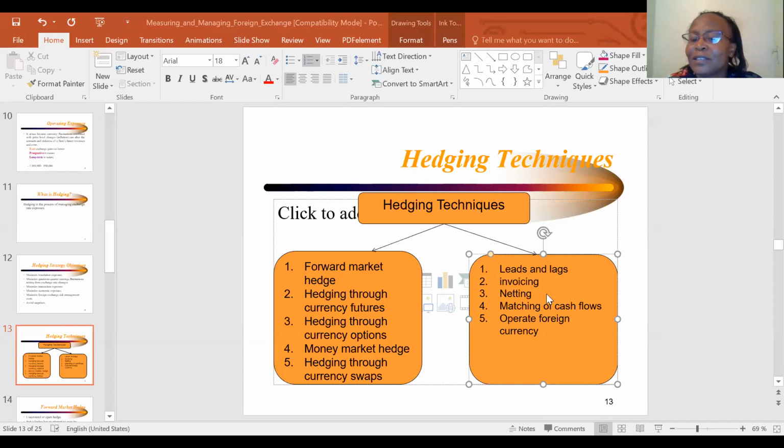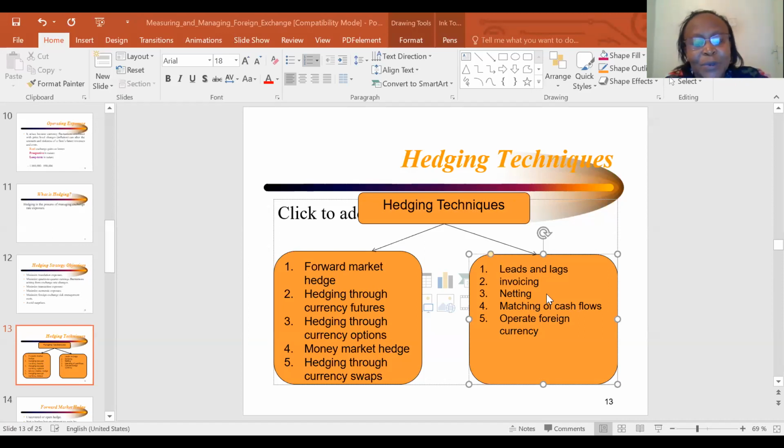Assume Kisumu operates in US dollars, assume Nairobi operates in Kenya shillings, Kitengela in another currency. So you are trying to match all those. You know, normally in accounting, those things should not be paid from the other branch. It's now like saying Kisumu will collect their fee and they use that fee to pay the staff in Nairobi because staff in Nairobi are paid in US dollars. That is what we call netting.